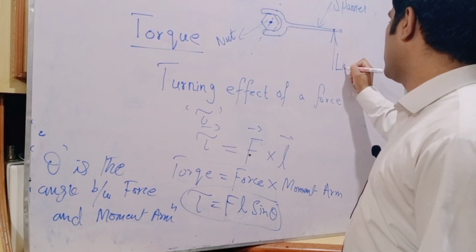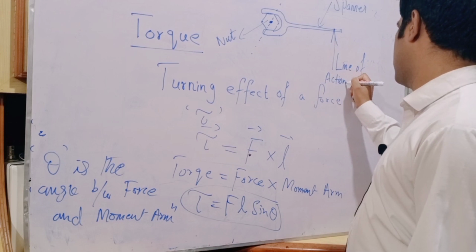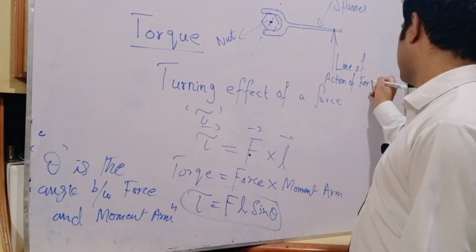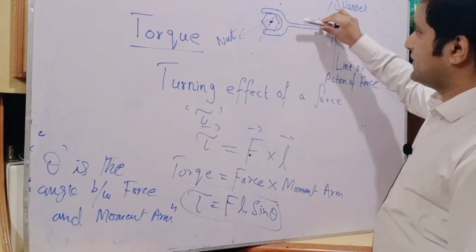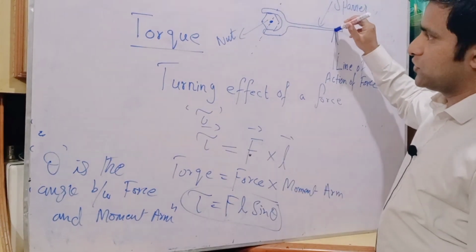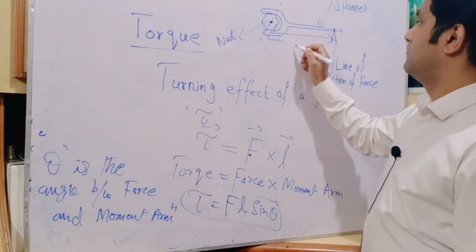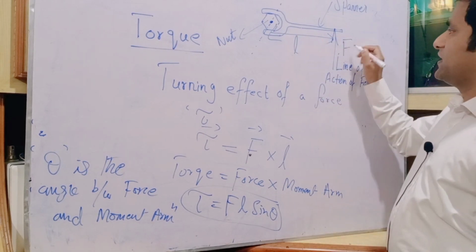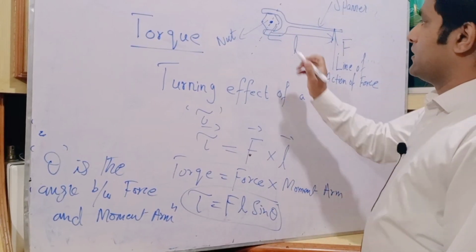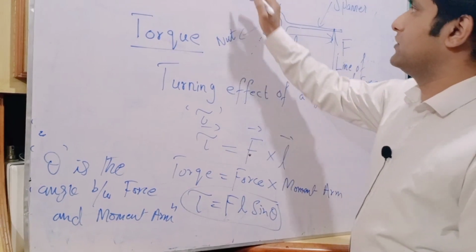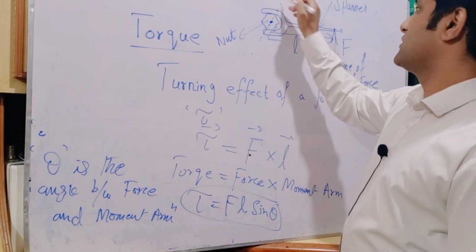This is called the line of action of force, and the distance between the line of action of force and the axis of rotation is called the moment arm. If you multiply both of them, you get torque. Torque is the vector product of force and moment arm.